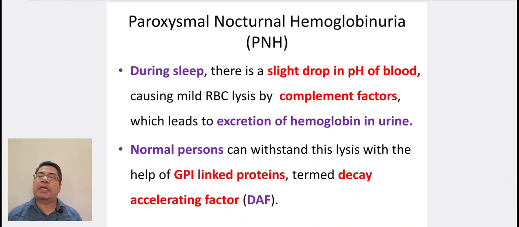During sleep, there is a slight drop in pH of blood, causing mild RBC lysis by complement factors, which leads to excretion of hemoglobin in urine. A normal person can withstand this lysis with the help of GPI linked proteins termed decay accelerating factor or DAF.